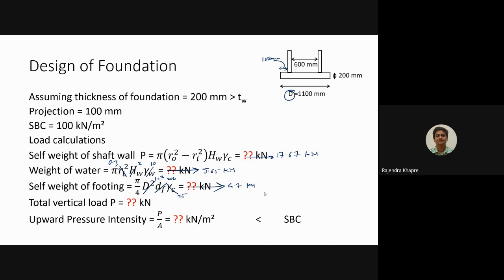Okay, so on the foundation we have the self weight of the wall plus the water plus the self weight of the foundation. So the total, that is 17.67, 5.64 and 4.7. How much is the total load?